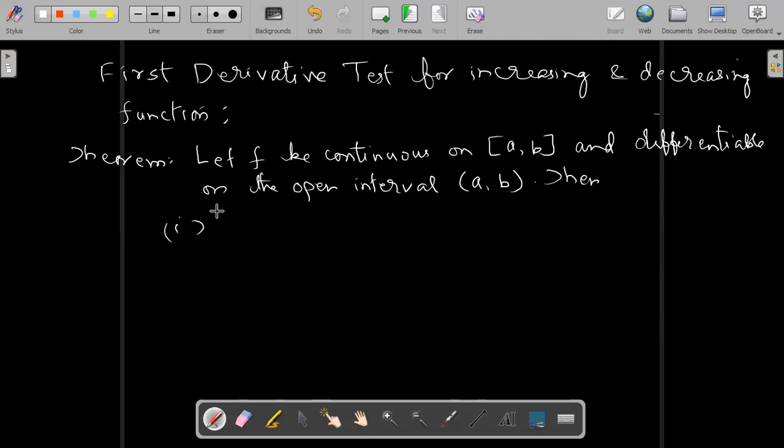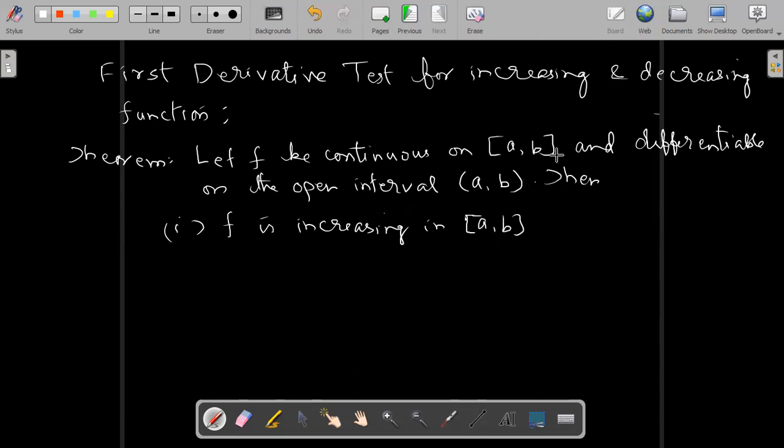Number one, f is increasing in this interval, in the closed interval AB.